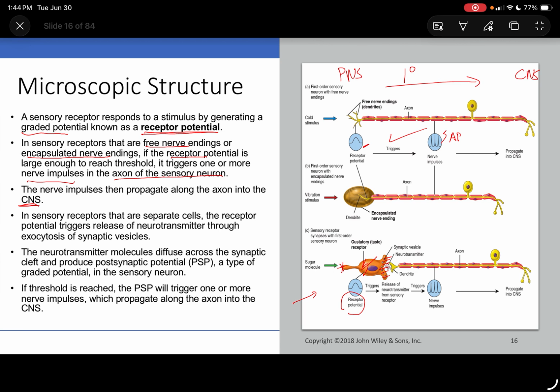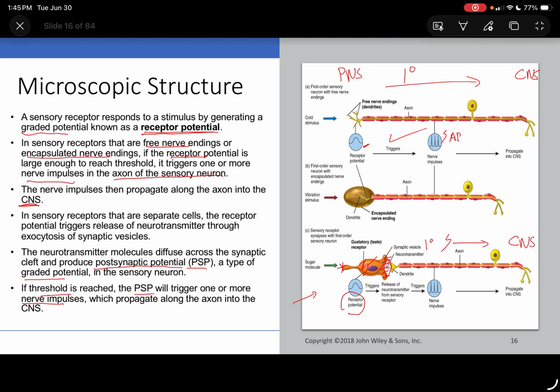These are going to diffuse across our synaptic cleft and bind to and produce a postsynaptic potential in our first order sensory neuron. This is going to be important. So our postsynaptic potential is our type of graded potential here. And if that threshold is reached at this point, then our postsynaptic potential is going to trigger one or more nerve impulses, which are going to propagate into the central nervous system.